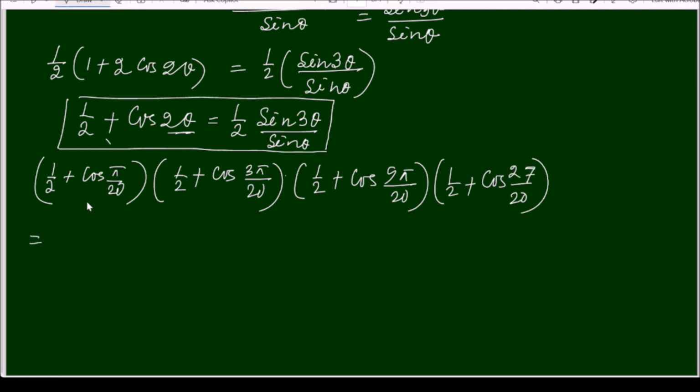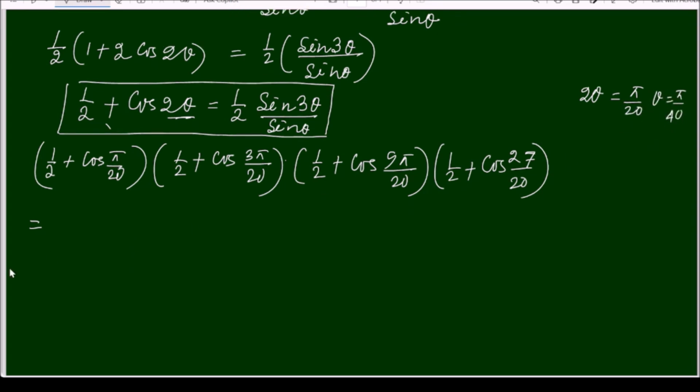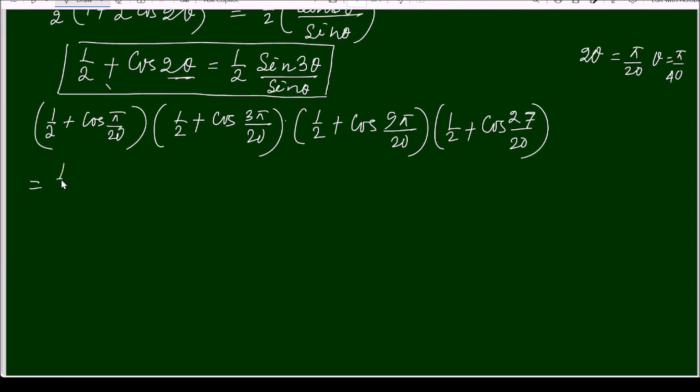If I compare with the formula I have derived, pi by 20 is 2 theta. That means 2 theta equals pi by 20, so theta will be pi by 40. So it will be half multiplies sin 3 theta, that means 3 pi by 40, and the denominator will be sin pi by 40.